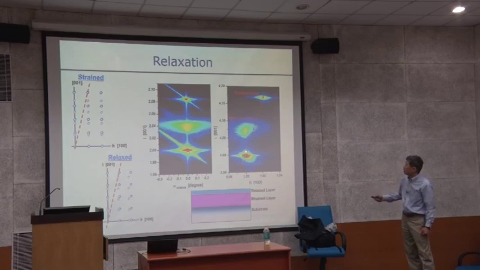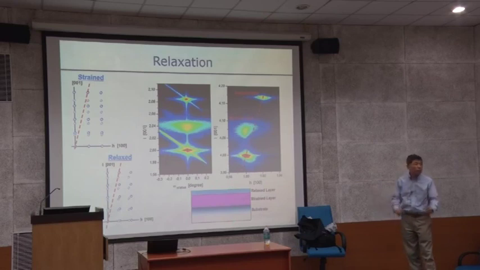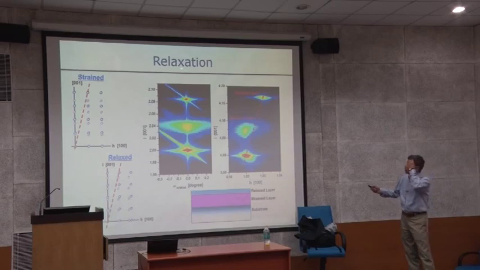So draw the line here, perfectly lined up, but this is off center. But if, for example, everything is strained, you get this kind of curve. All three layers line up, then you get this kind of one. But this one and that one are all coherent and lined up. Then everything is like this. But in here, one layer is relaxed, and this one's H value is not the same, off center.